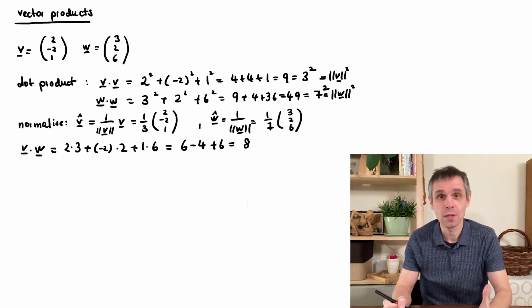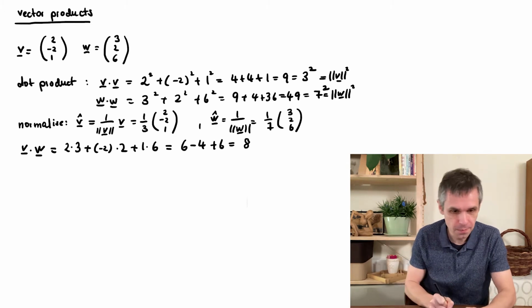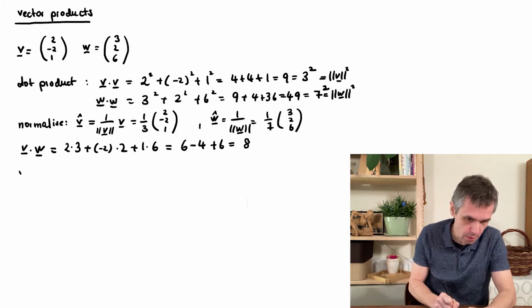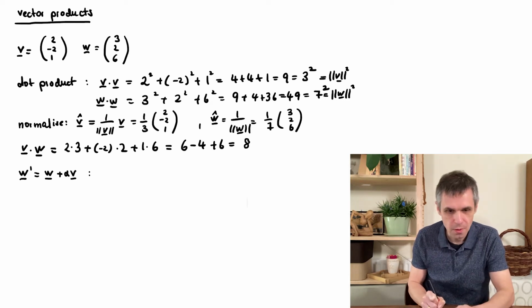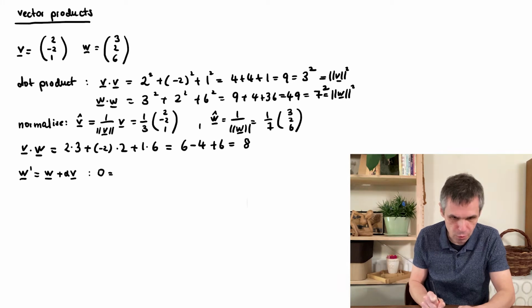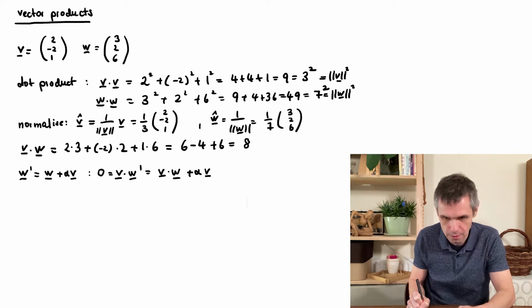So these 2 vectors are actually not orthogonal to each other, but we could construct, for instance, an orthogonal vector which is orthogonal to v by just combining these in this way. So when we then demand that this dot product is equal to 0, then we can work this out using what we have worked out already.